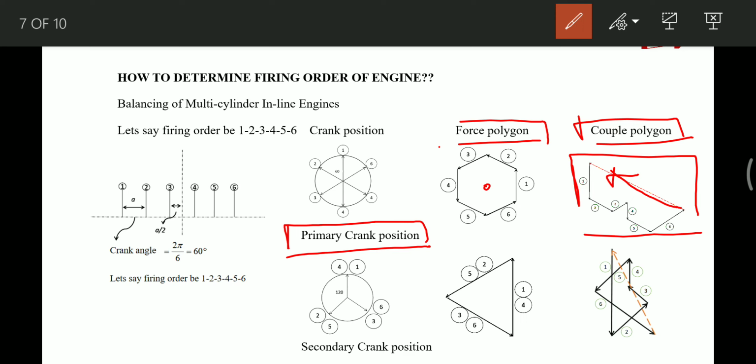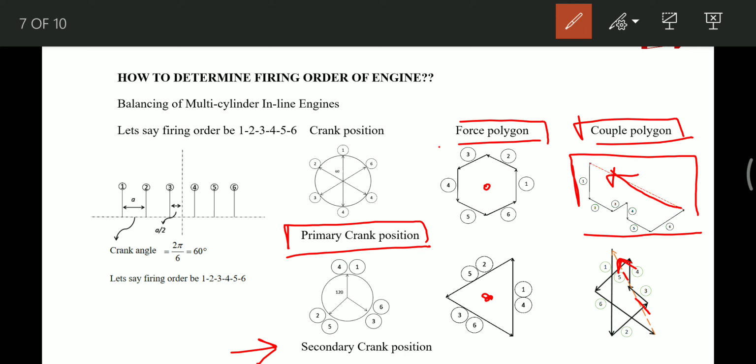Now let's see the secondary crank position angle. We see the force and couple polygon. For this, again the force polygon is balanced, as we can see from this diagram. But when we draw the couple polygon, there is a net resultant, which is shown by this red dotted line in this direction.